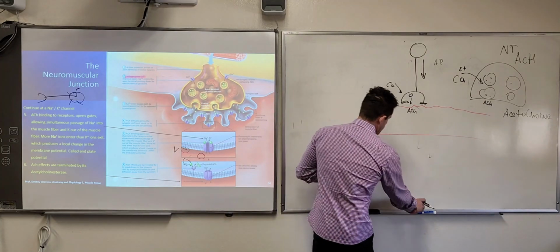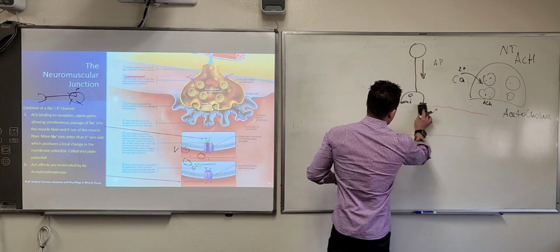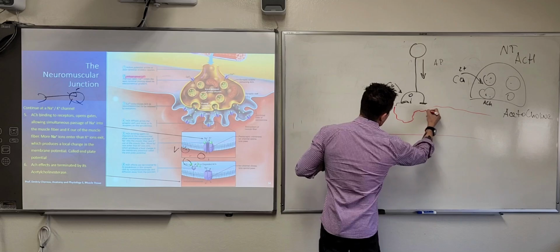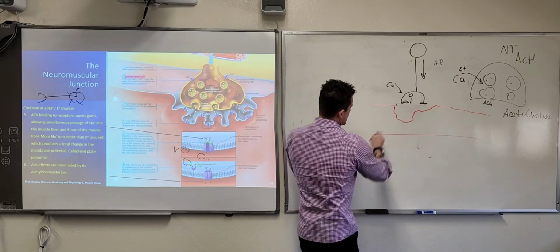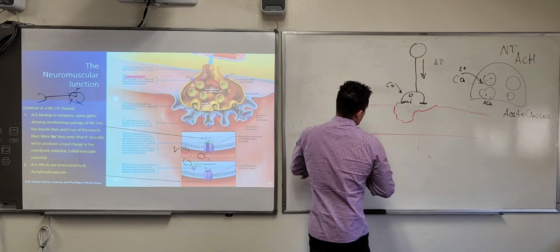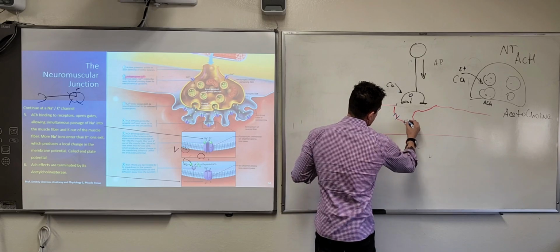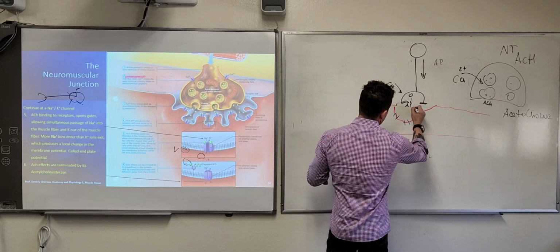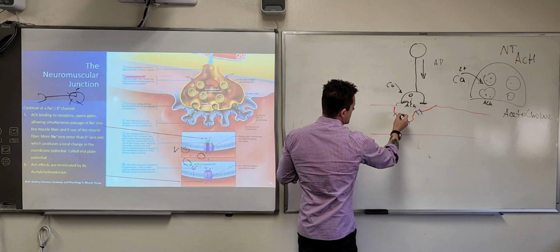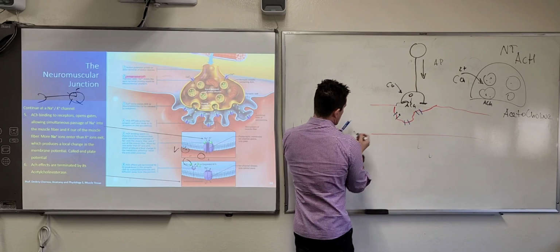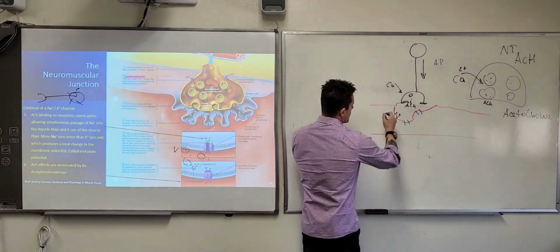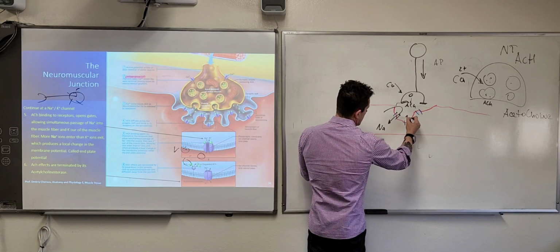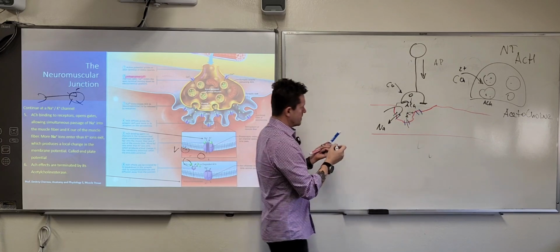So here, let me draw it differently. Synaptic cleft. Here are the channels. Acetylcholine is released from the vesicles, binds with the channels, and that helps bring sodium inside and potassium outside.